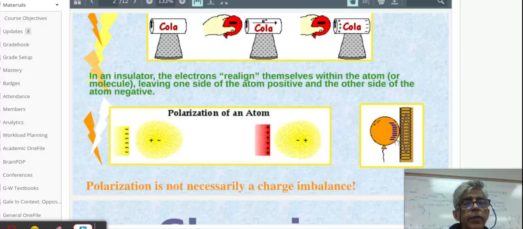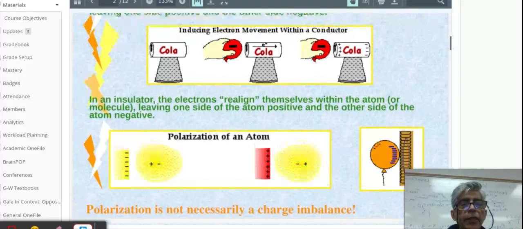And so now the balloon has a reason to come closer to here because the positive guys are here and the negatives want to be near the positives. And so it's because it got polarized due to the presence of this balloon that the balloon sticks to the wall. The wall itself is not charged, it's just polarized. Okay? These charges may eventually leak over to the other side. That just depends on how much, and the balloon does eventually fall down.